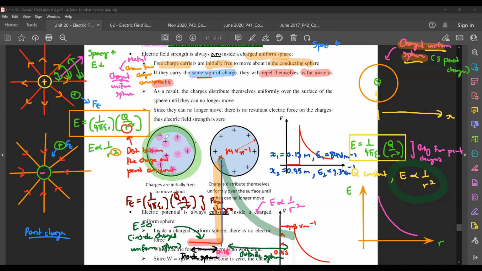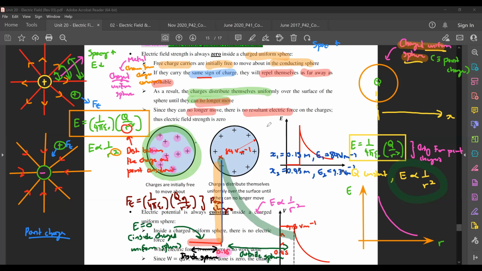All right. So after that, they cannot move anymore, right? So while at the surface, they will tend to still repel each other until such a point that they stop moving. Okay. Generally, we will say that they tend to distribute themselves uniformly over the surface of the sphere until they can no longer move. They've achieved something like equilibrium here. Okay. So because they can no longer move at the surface, there is actually no resultant electric force acting on the charges anymore.